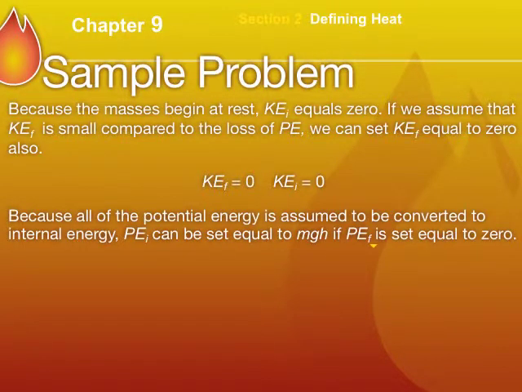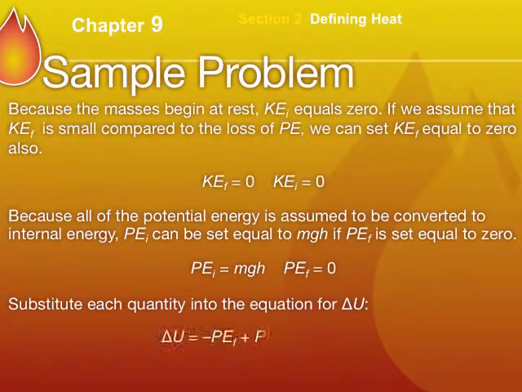Because all the potential energy is assumed to be converted into internal energy, that's actually what the problem is telling us. We're really just looking at the internal energy. Remember we said there was no transfer in or out of the vessel. Didn't lose any heat. So then final potential energy should be 0. The initial potential energy should be our mgh.